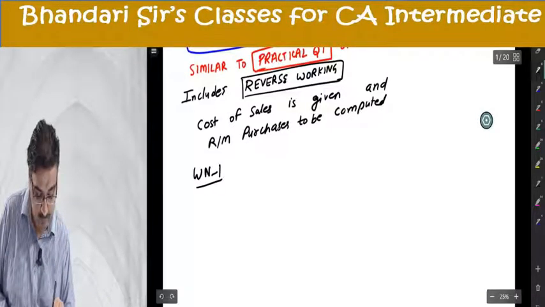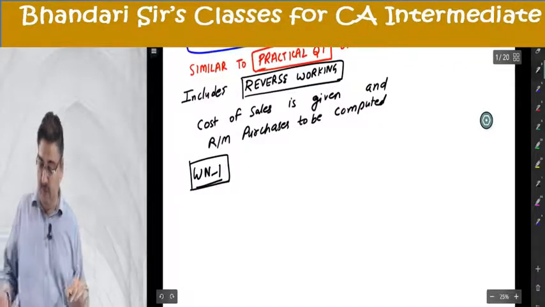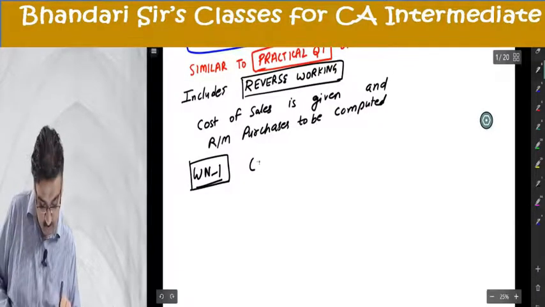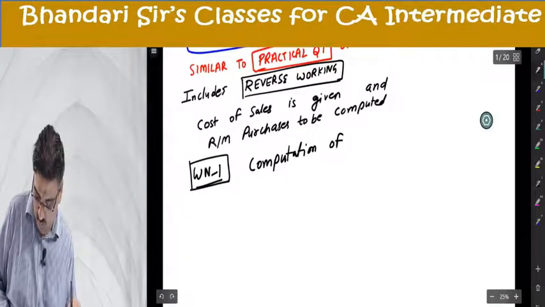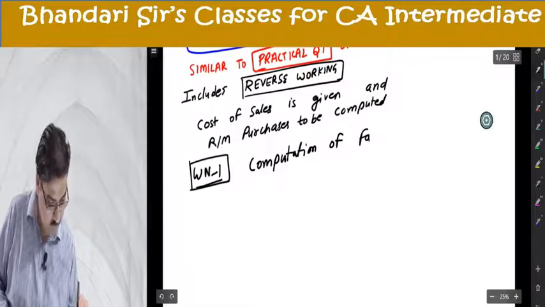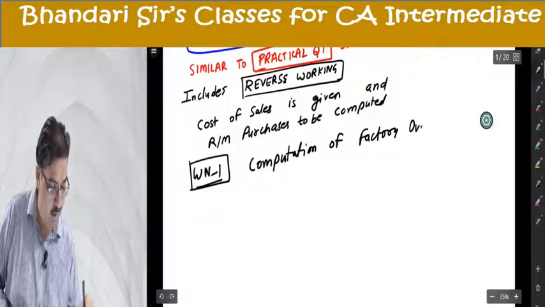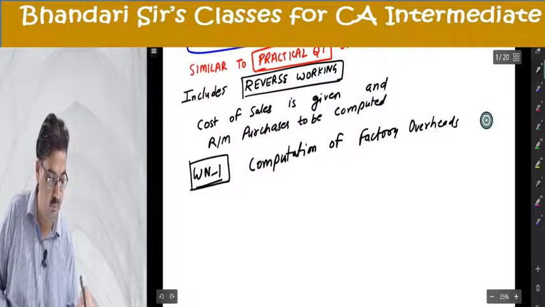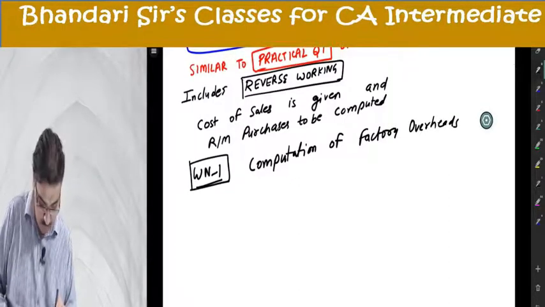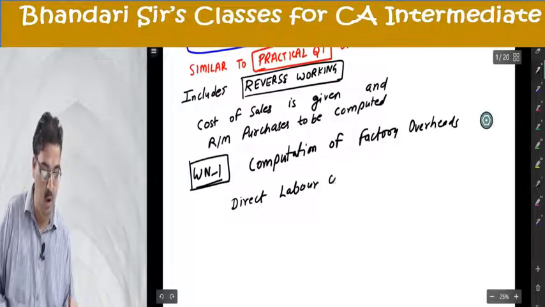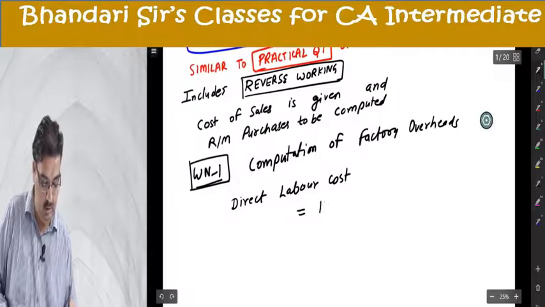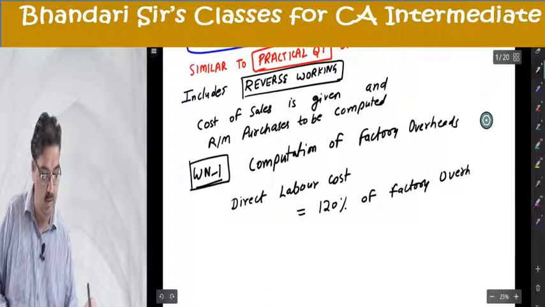Working note 1, it starts from the data given. Computation of factory overheads. Question tells you direct labor cost equals 120% of factory overheads.